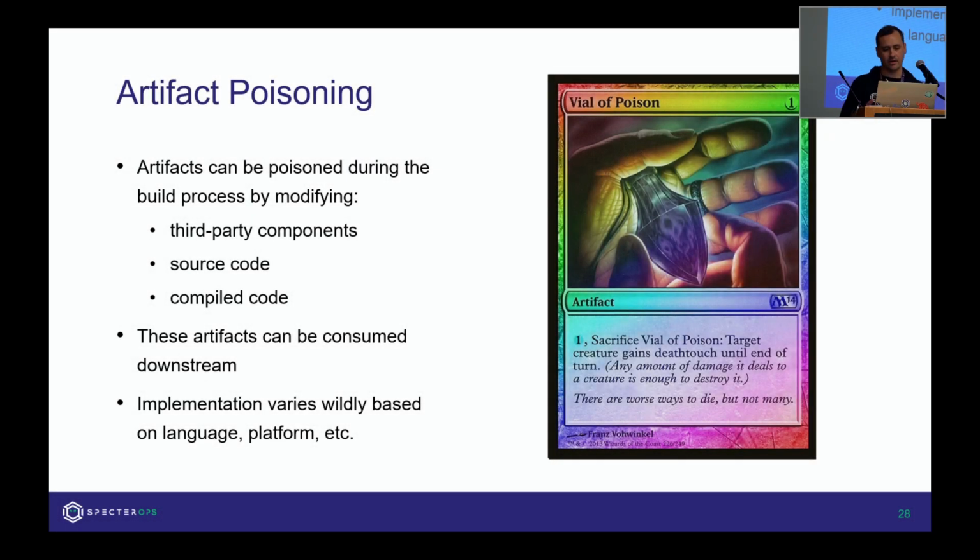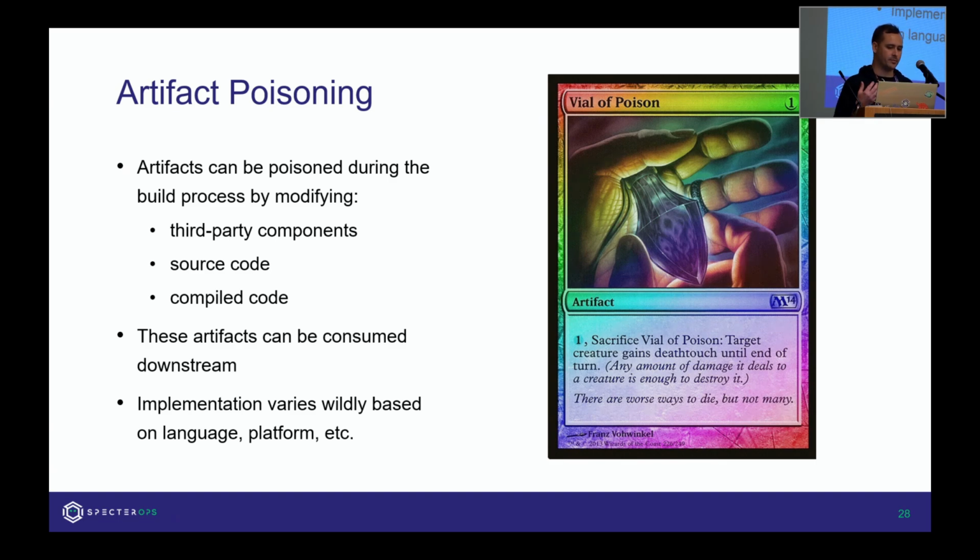Now, another interesting attack is artifact poisoning. This could be poisoned in a bunch of different ways, and we're not going to cover this mostly because the implementation of this is going to vary really wildly. But to briefly talk about it, we have the third-party components themselves. A third party could potentially have malicious code injected into it, which you use, and then that gets pulled in and compiled with your stuff.